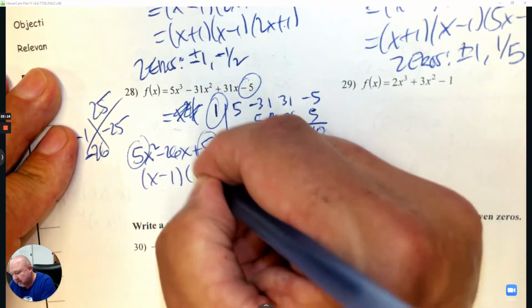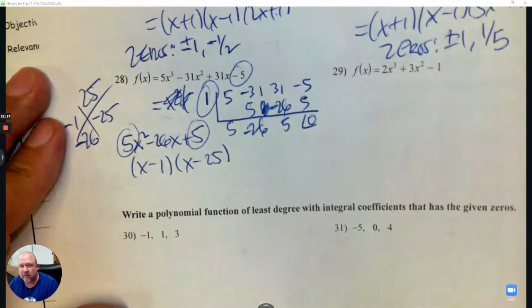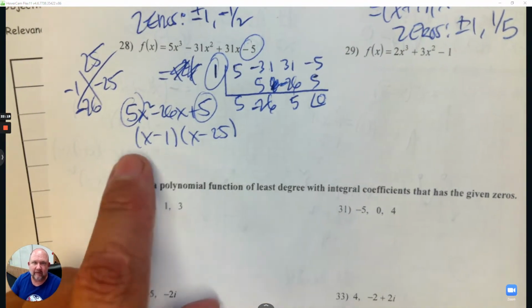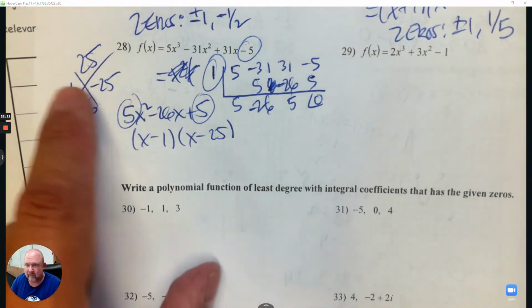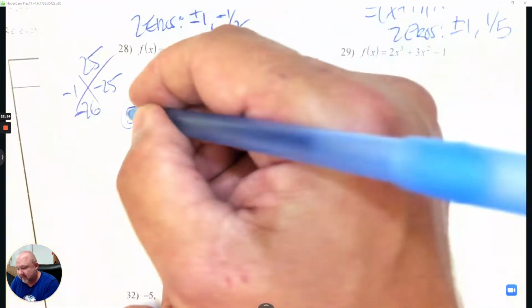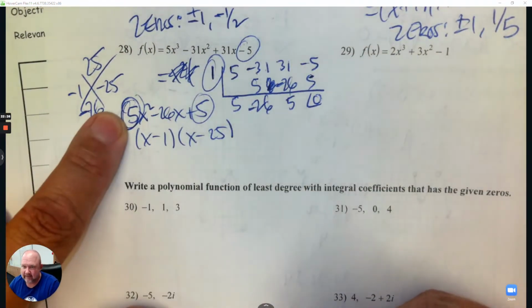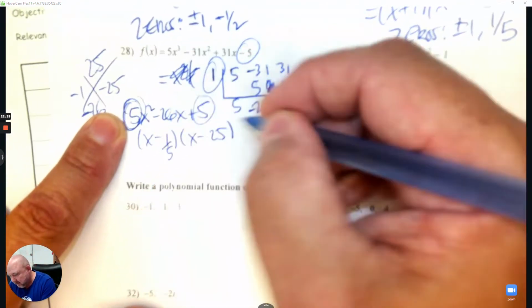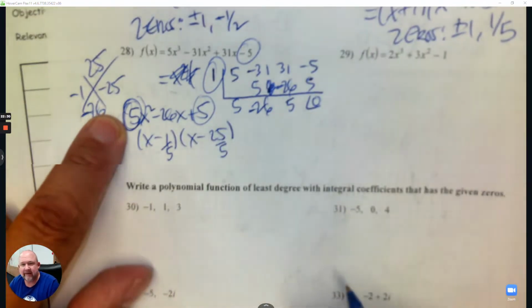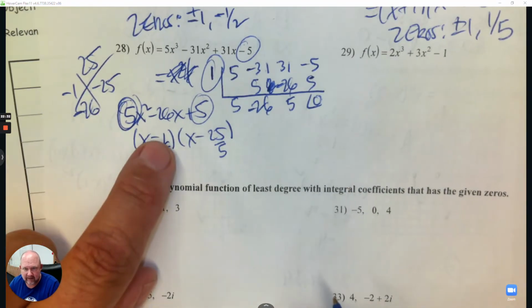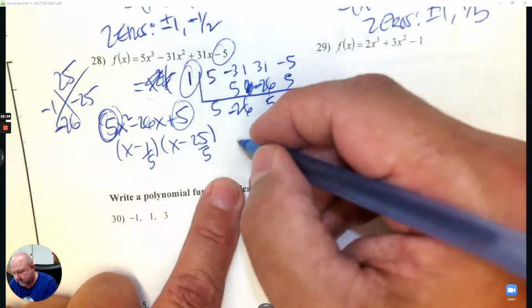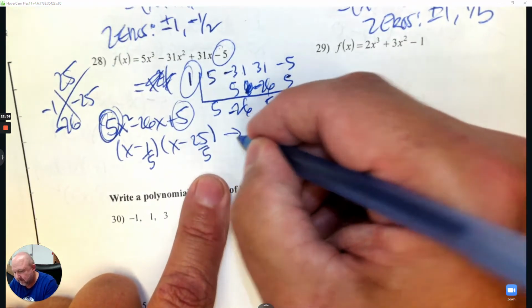Now I'm going to show you another way to do this. Kind of a trick, a gimmick, which I don't like, but it makes it easier, so we're going to go through it. So negative 1, negative 25. Take the leading number, which is 5, and divide both numbers by that. This is called a slip and slide or something like that.